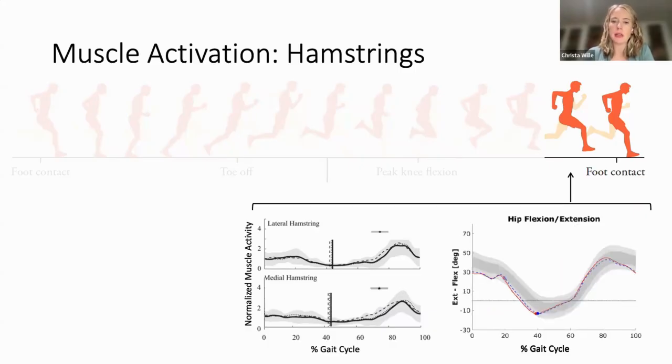But because of the biarticular nature of the hamstring, it's also responsible for changes that are happening in the hip. And here now in that last portion, we're seeing initially some knee extension and hip extension that actually then moves pretty quickly into hip flexion and knee flexion as well to prepare the limb just before the moment of initial contact of the subsequent step again.